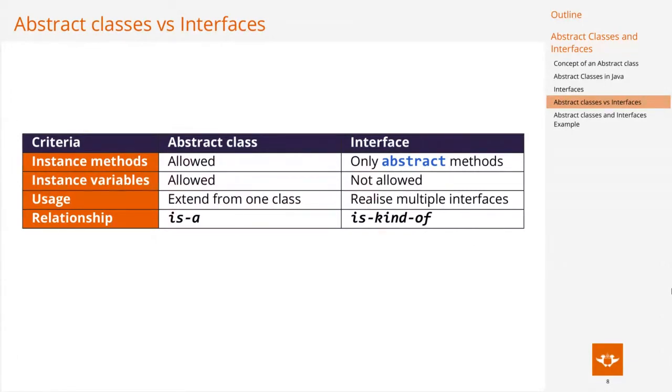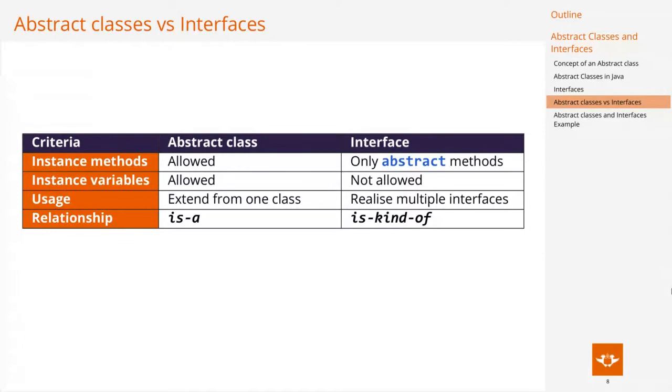Instance variables as well. I can have instance variables in abstract classes, but in interfaces they're not allowed. There's no state that can be stored in an interface. You can have constants, so static final things declared in an interface, but you cannot have instance variables declared in an interface.